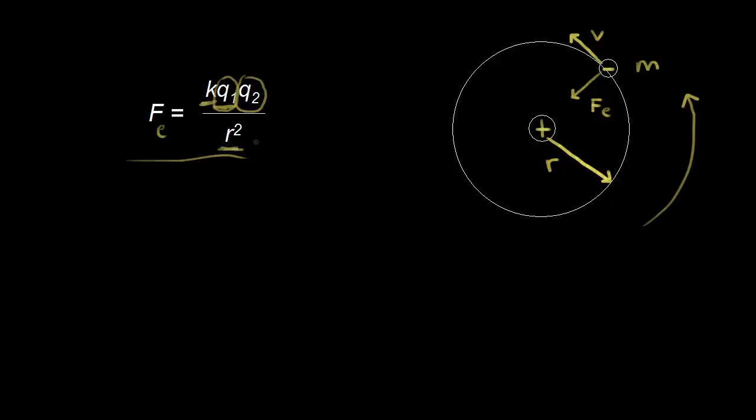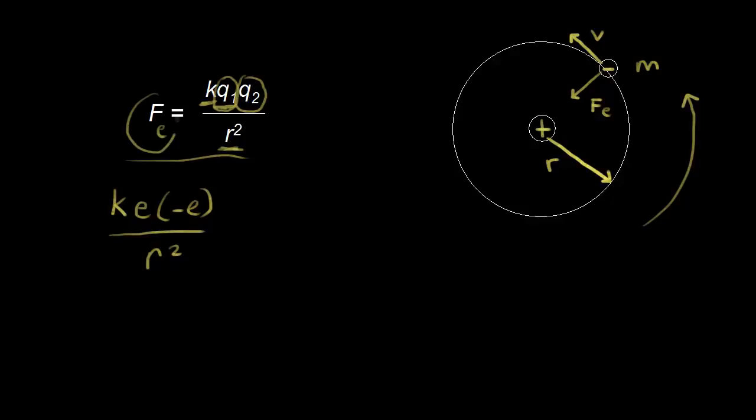Let's plug in what we know so far. k is some constant, which we'll get to later. Q1 is the charge on the proton, which we'll say is e for now, the elemental charge. Q2 is the charge on the electron, which has the same magnitude as the proton but is negative, so we put in a negative e here, all divided by the distance between the two charges squared.